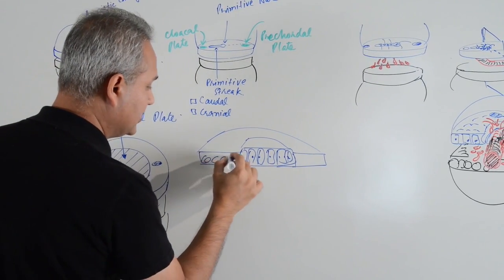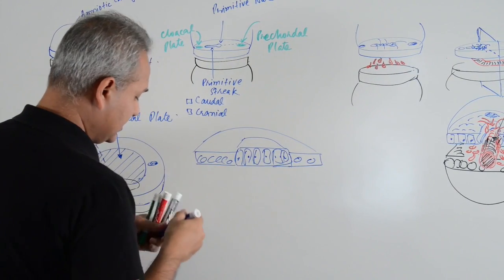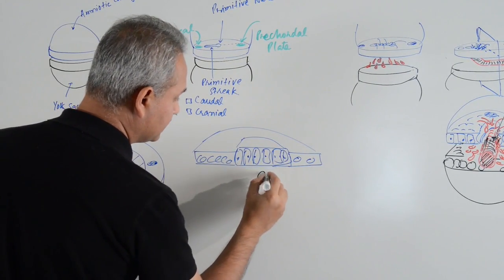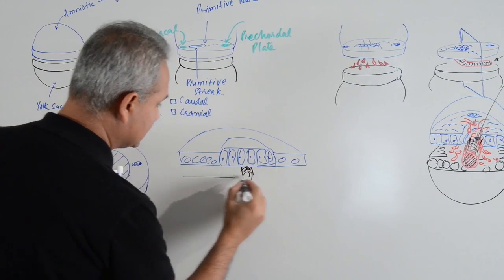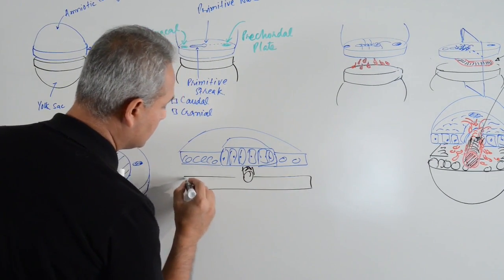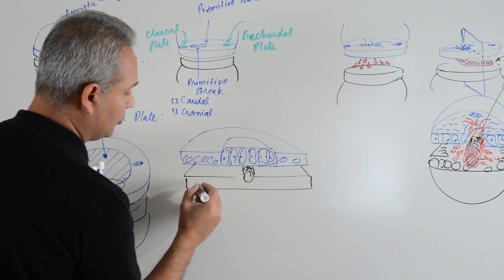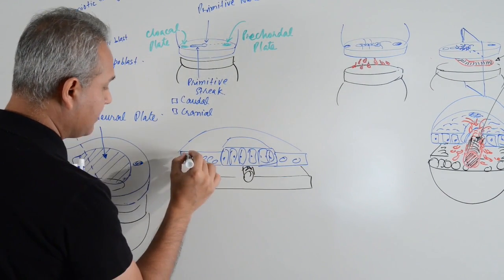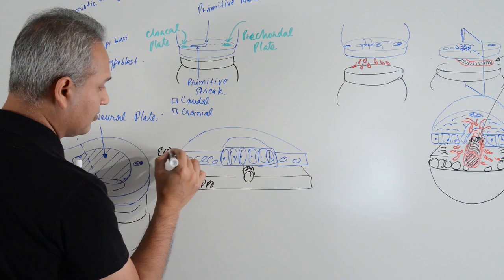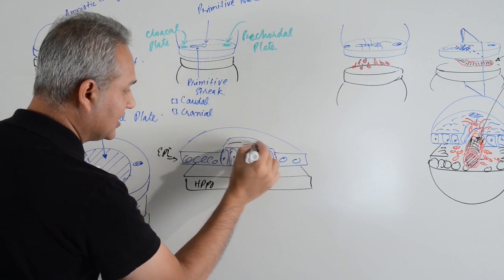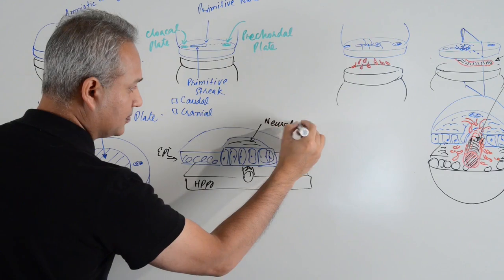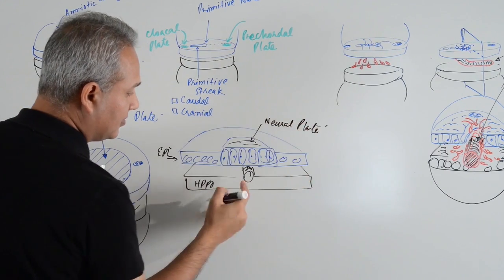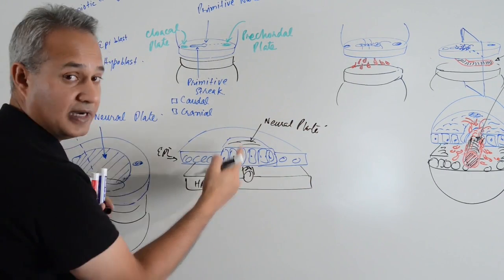So, these are the epiblast cells. Underneath is sitting the notochord, and below that sits the hypoblast. So, hypo is here, epi is here, and epi has developed this thickening in it, which is the neural plate. This is being induced by the notochord.